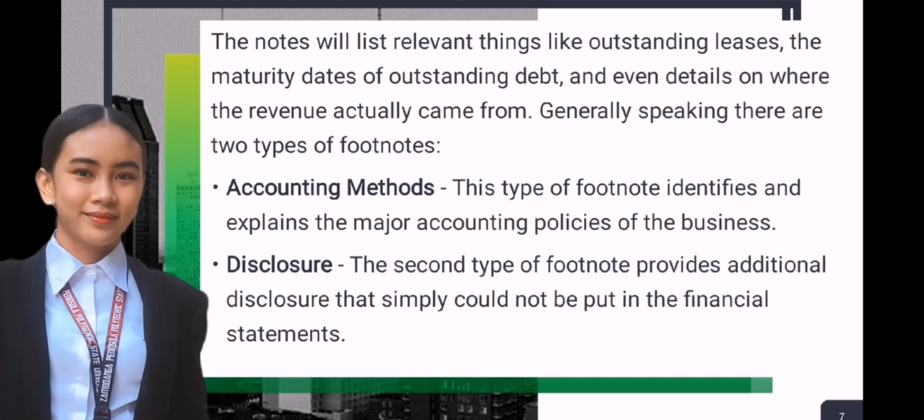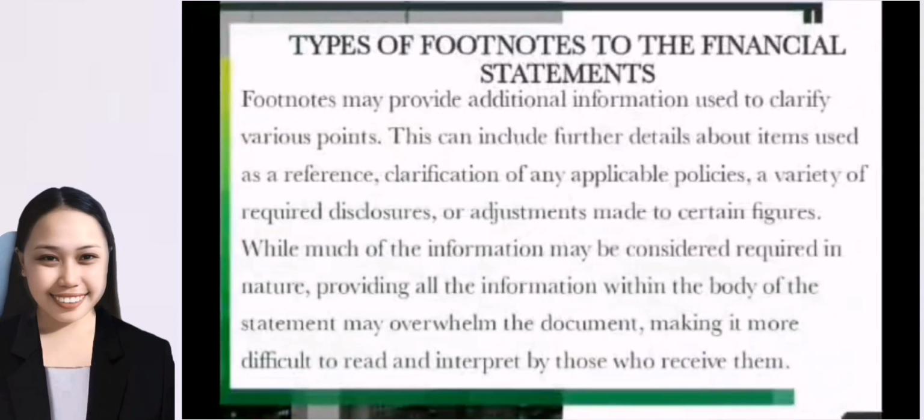They provide additional information and explanations about various items in the financial statements, helping readers better understand the company's financial position and performance. The notes can include details about accounting policies, specific transactions, contingent liabilities, significant events, and other relevant information.